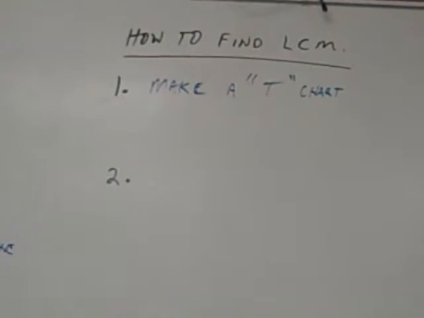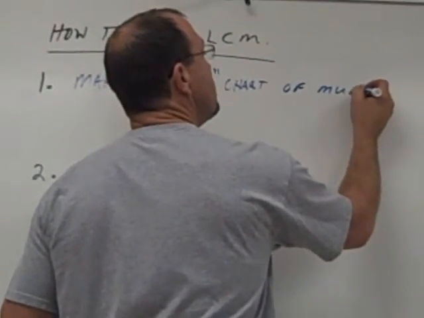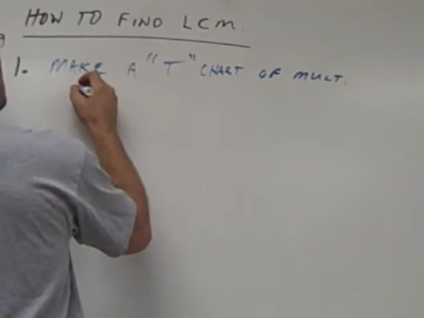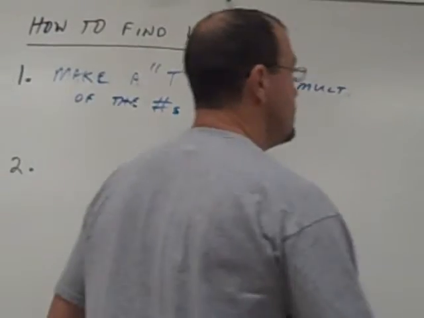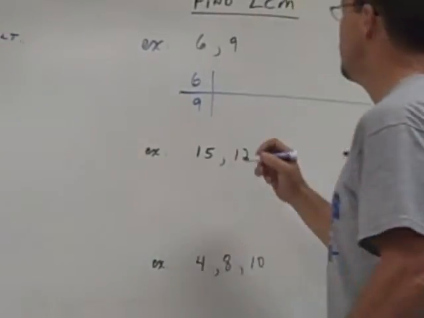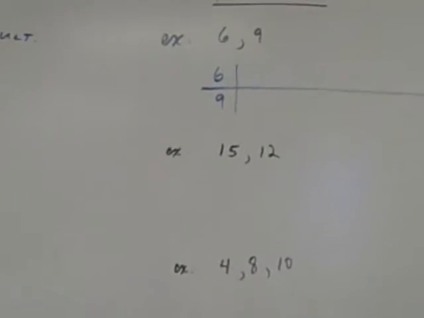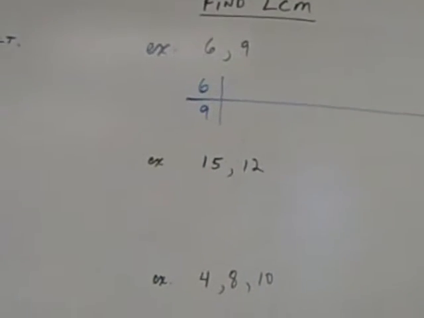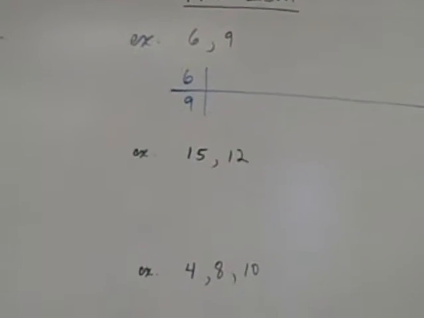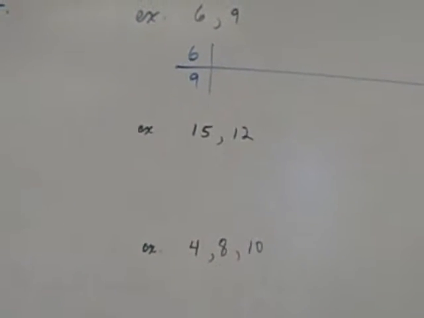Make a T-chart of multiples of the numbers. So I'm going to do this first example as I write my notes on how to. And there's only 2 how-tos, isn't there? Yes. Well, that's pretty nice. So this ought to be pretty easy, eh?